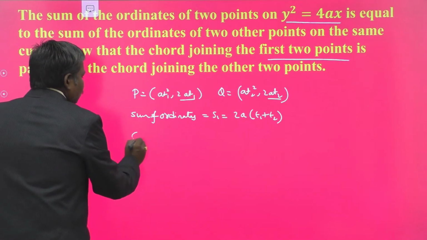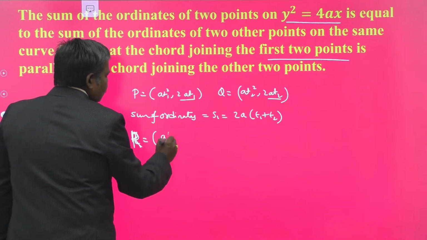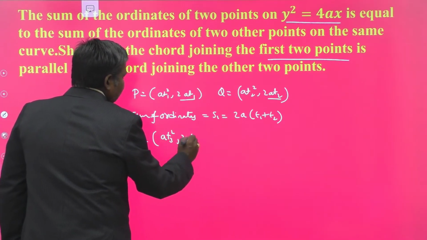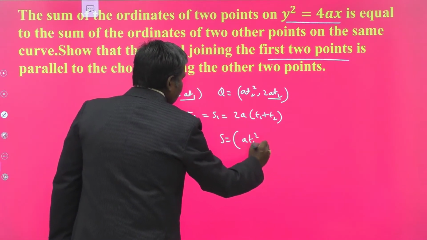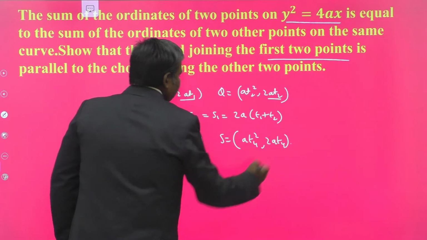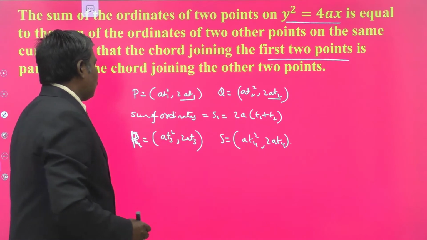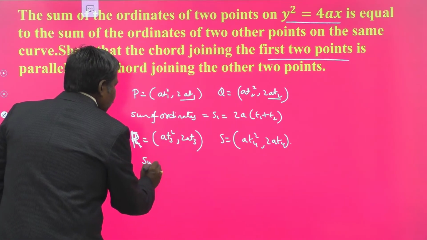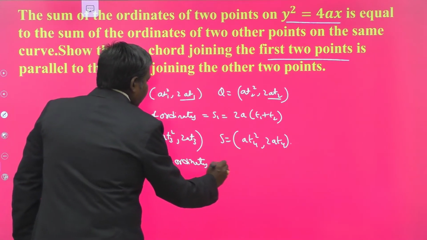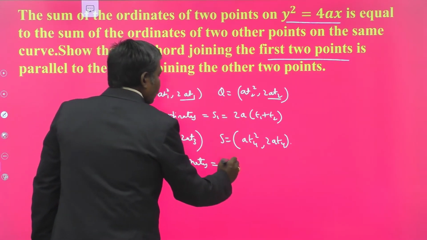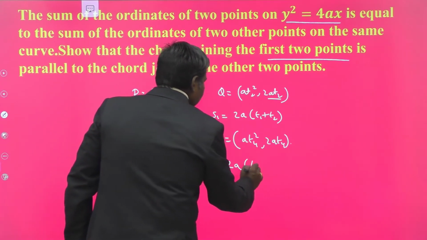Again consider another 2 points, R and S. R is equal to (at3 square, 2at3) and S is equal to (at4 square, 2at4). These are another 2 points on the same parabola. Its sum of ordinates is 2a times (t3 plus t4).